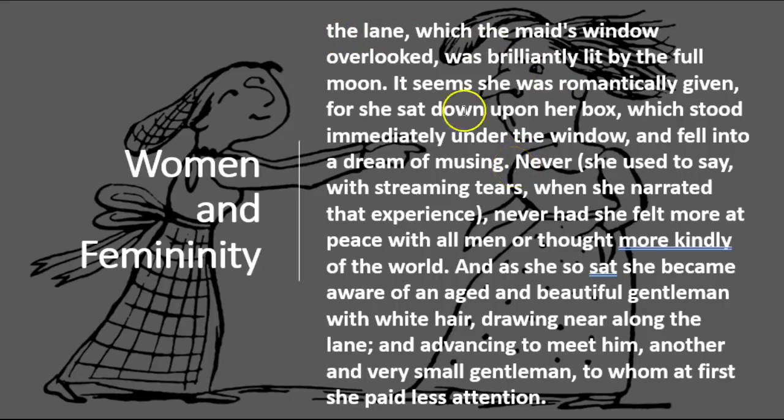So let's have a look at how they're described. This is the description of the maid as she watches the killing of Sir Danvers Carew. "The lane, which the maid's window overlooked, was brilliantly lit by the full moon." So the moon is immediately symbolic of clarity, but also of the supernatural and then evil.